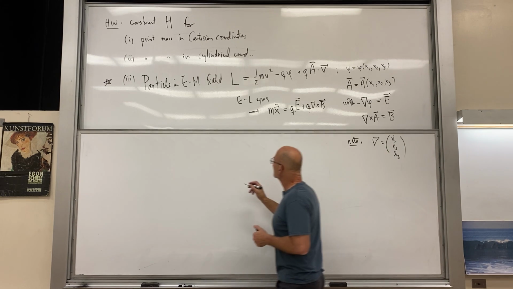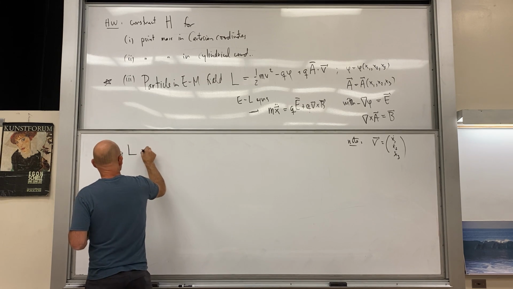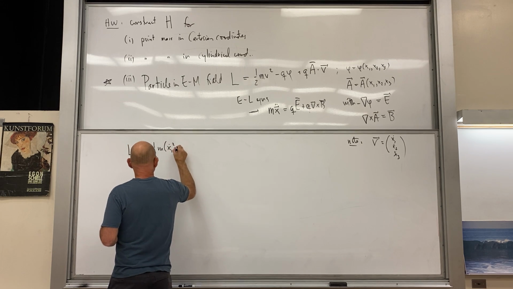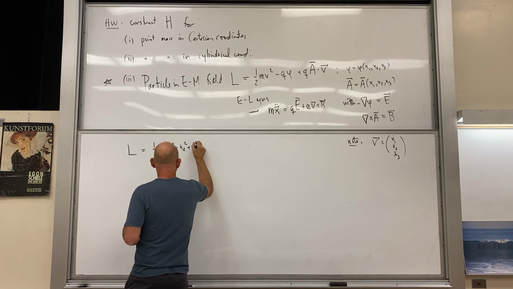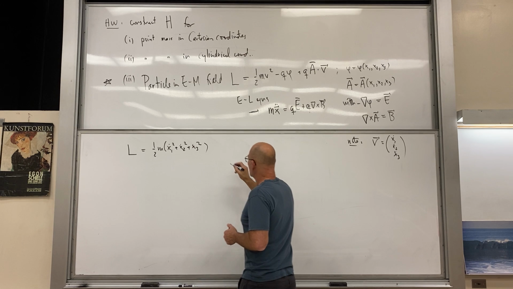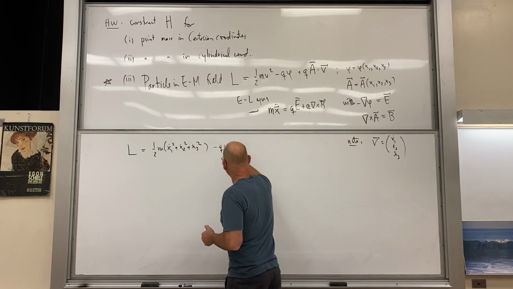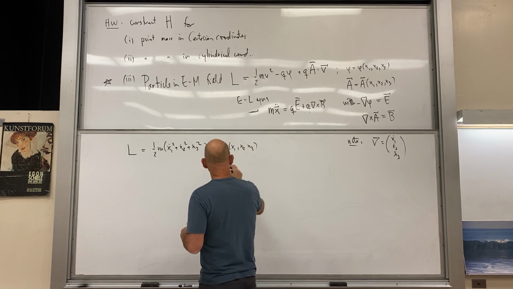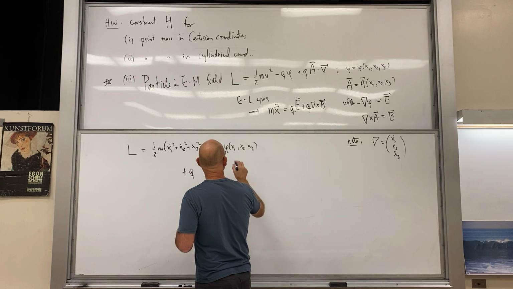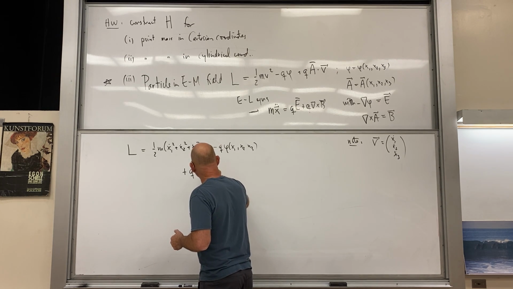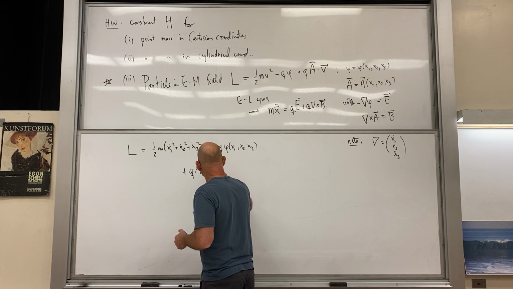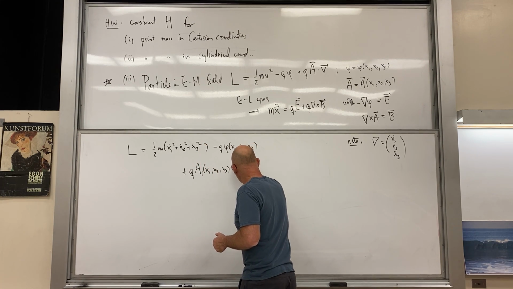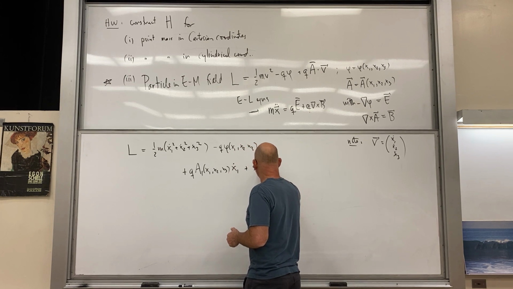So we have L, if we would write this out, we have 1/2 m x1 dot squared, plus x2 dot squared, plus x3 dot squared, okay, minus q phi of x1, x2, x3, long expression here, plus q A1 of x1, x2, x3 times x1 dot plus q A2 of x1, x2, x3 times x2 dot plus q A3 of x1, x2, x3 times x3 dot, okay.